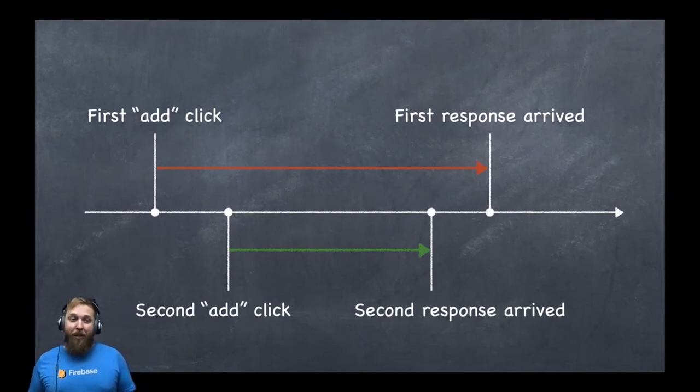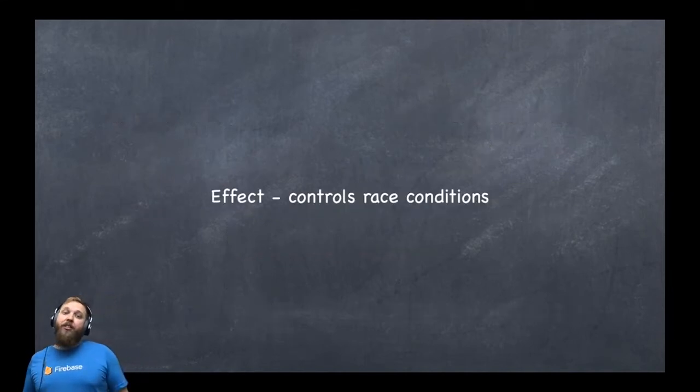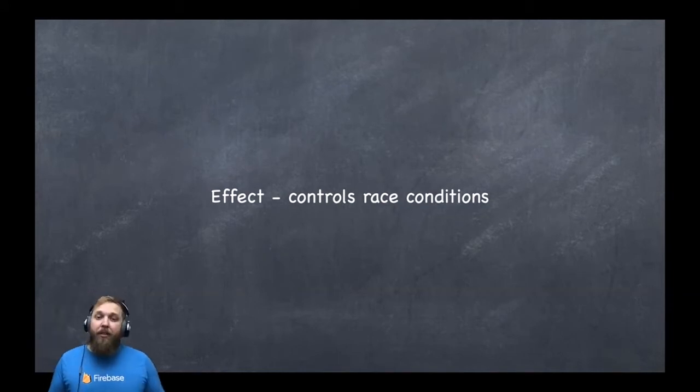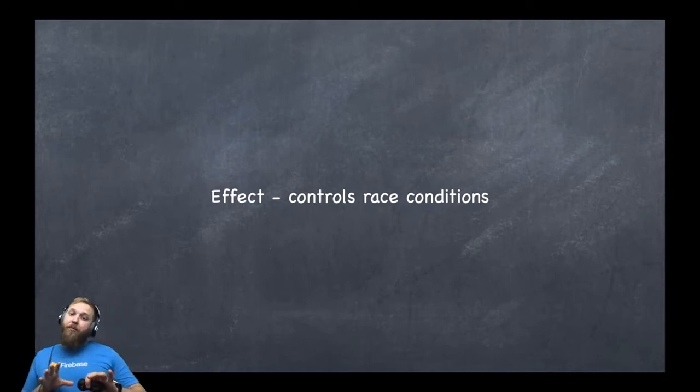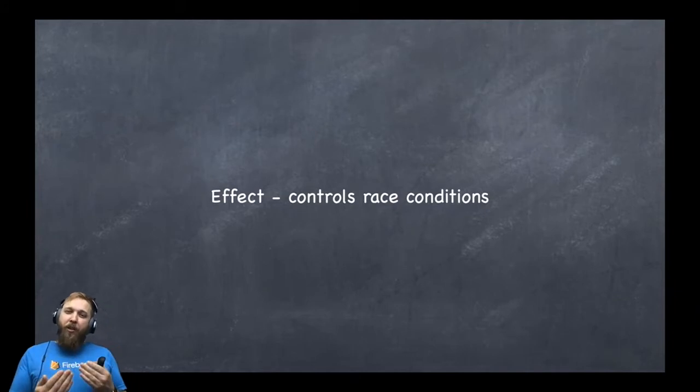So one way to control all of these race conditions is effects. And the formal state management libraries like NgRx Store or the newest addition, NgRx Component Store, really put this problem right up front to you, so you can decide which way you want to handle those race conditions.